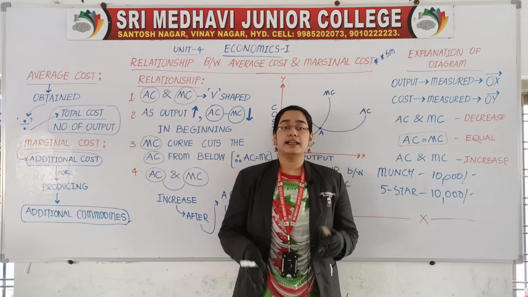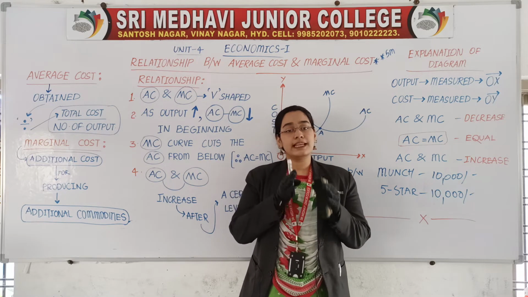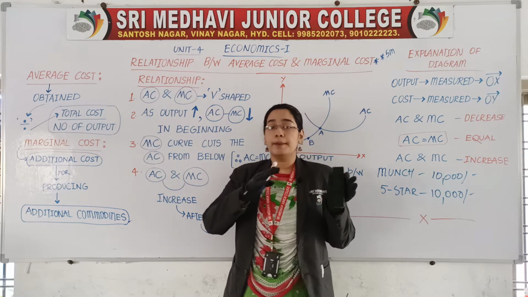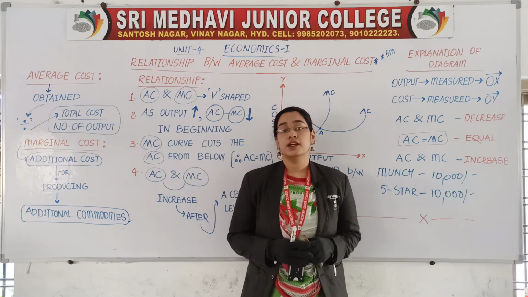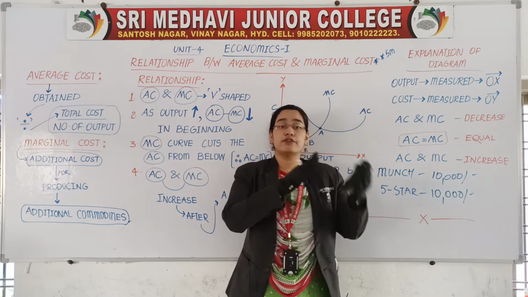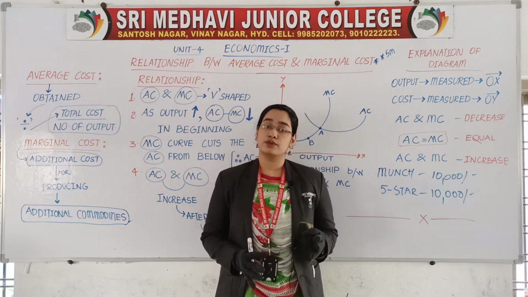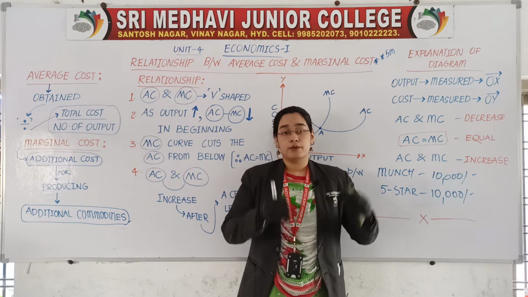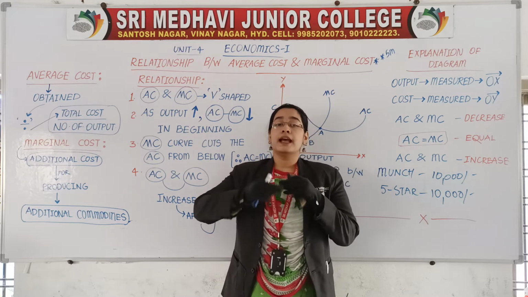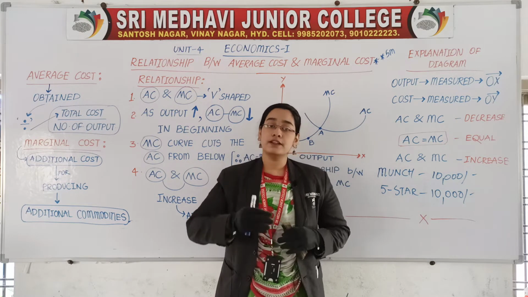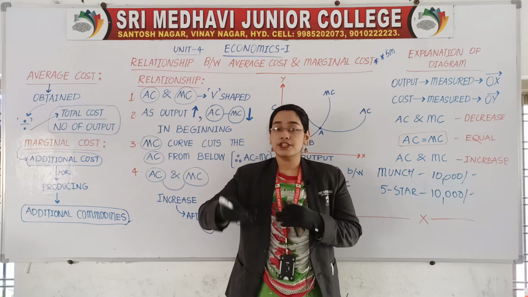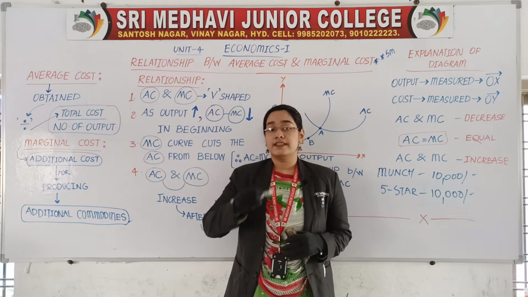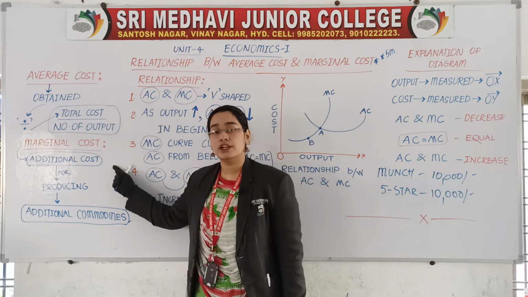For example, if I am manufacturing only blue pens, my cost will be something different. With blue pens, if I manufacture black pens also, I'll get additional cost. With blue pen and black pen, I am manufacturing red pens also. So an additional commodity I am producing, then that will require additional cost.